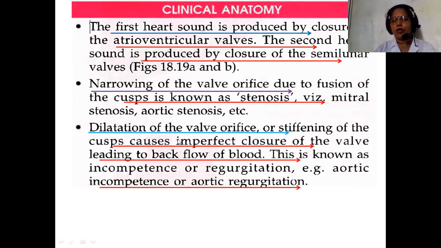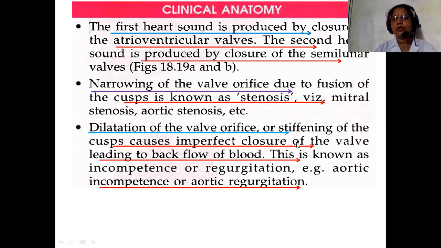That is the normal phenomenon we have seen. What is the importance of the valves of the heart? They maintain unidirectional flow. In this case, whenever there is dilatation of the valve orifice or opening, or stiffening of the cusp, it causes imperfect closure; the valve is not completely closed.